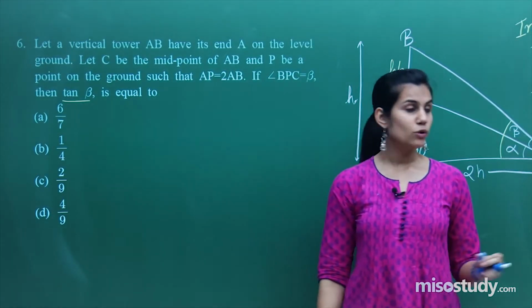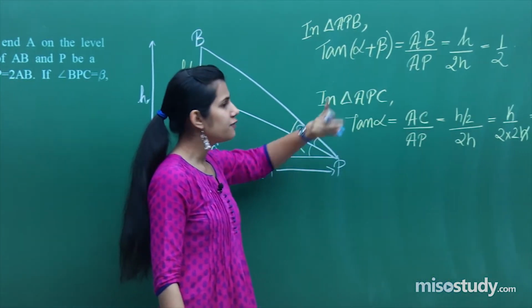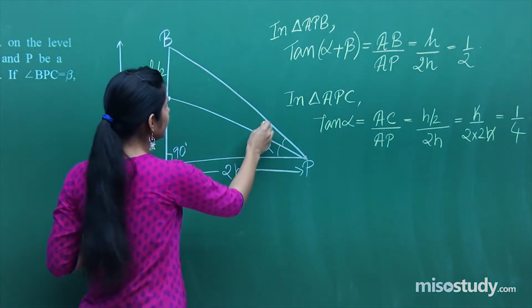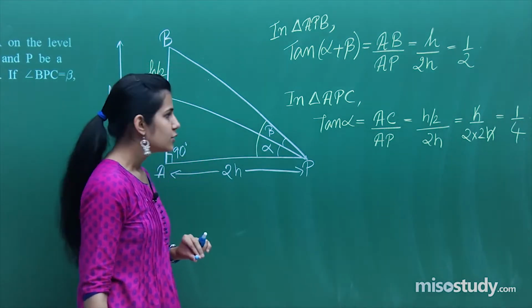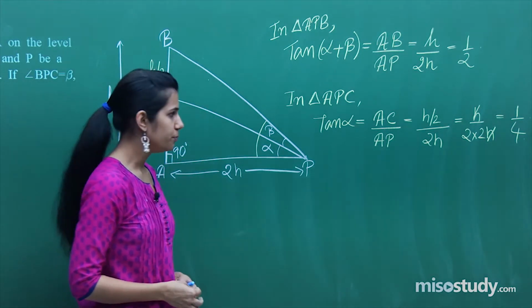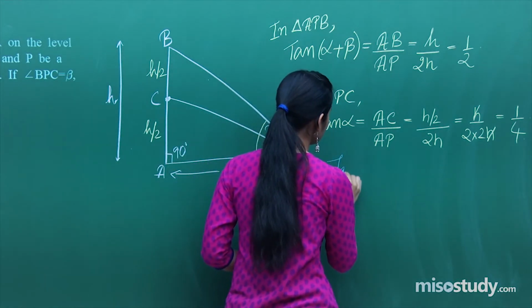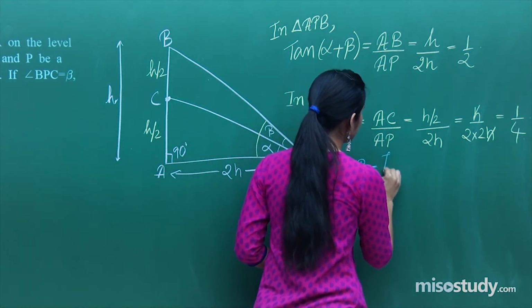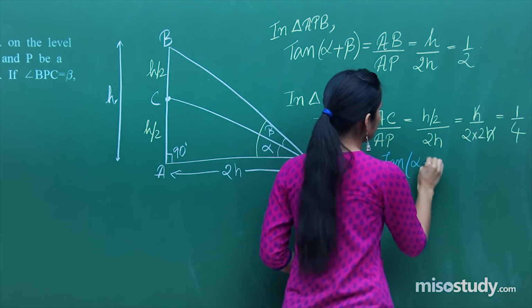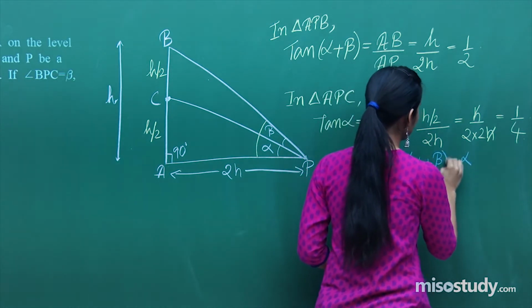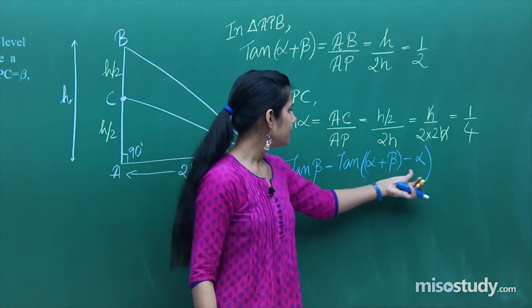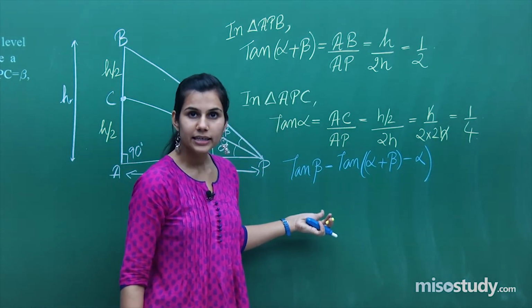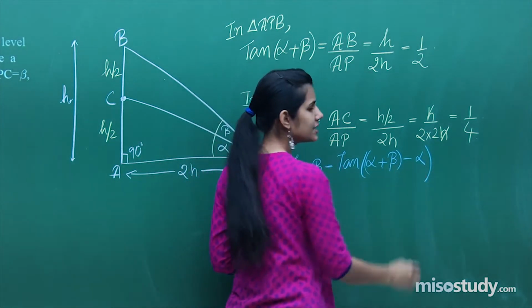Directly I cannot compute tan beta like I am able to compute tan alpha or tan of alpha plus beta, because this beta is not the acute angle lying in a right triangle. So indirectly we will have to compute it. Tan beta will be tan of alpha plus beta minus alpha, where this alpha gets cancelled.